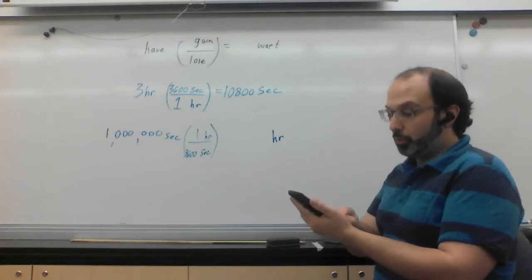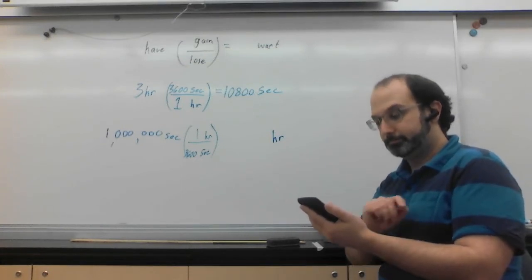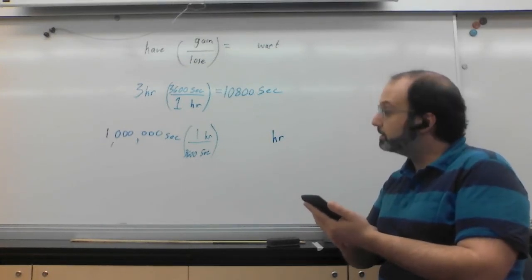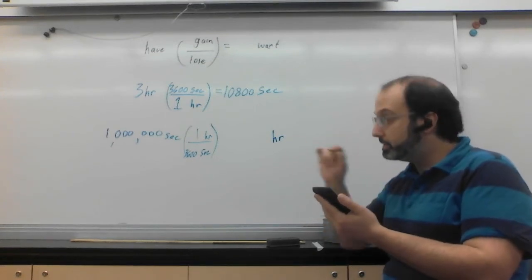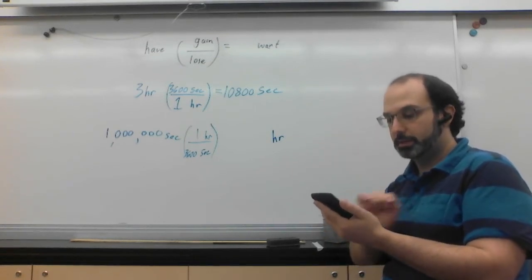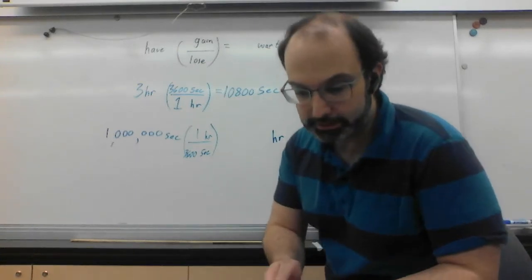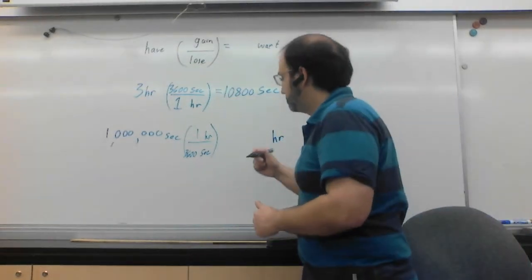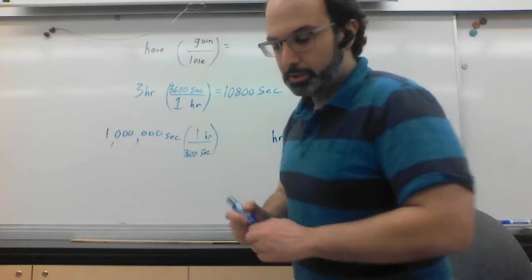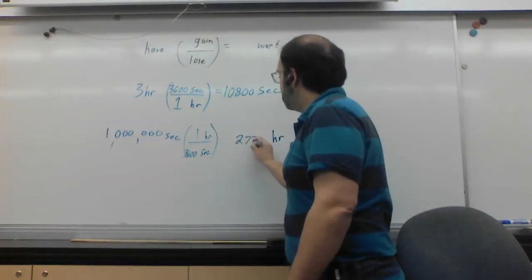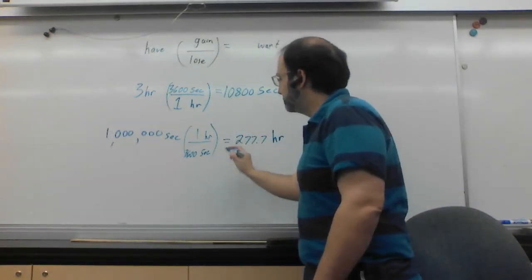So I take my 1,000,000, and I'm going to multiply it by 1, and then divide it by 3,600. And that's going to give me 277.7 hours.